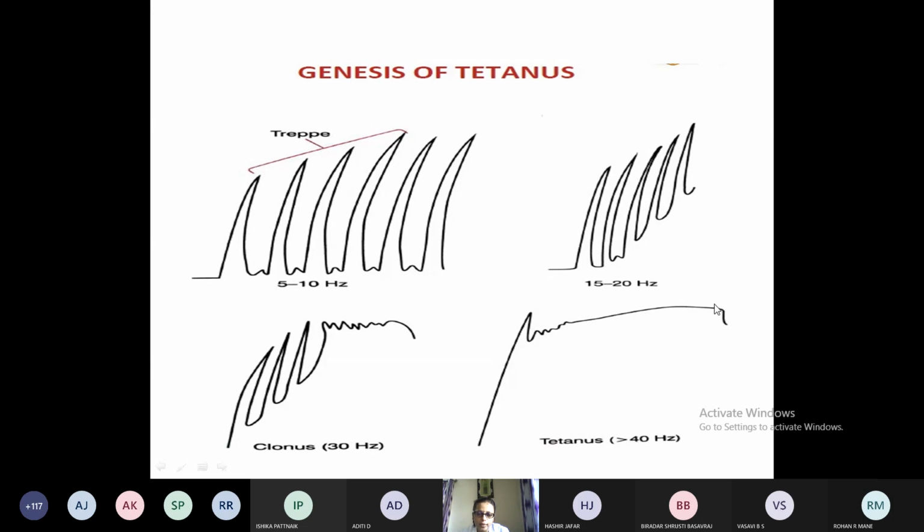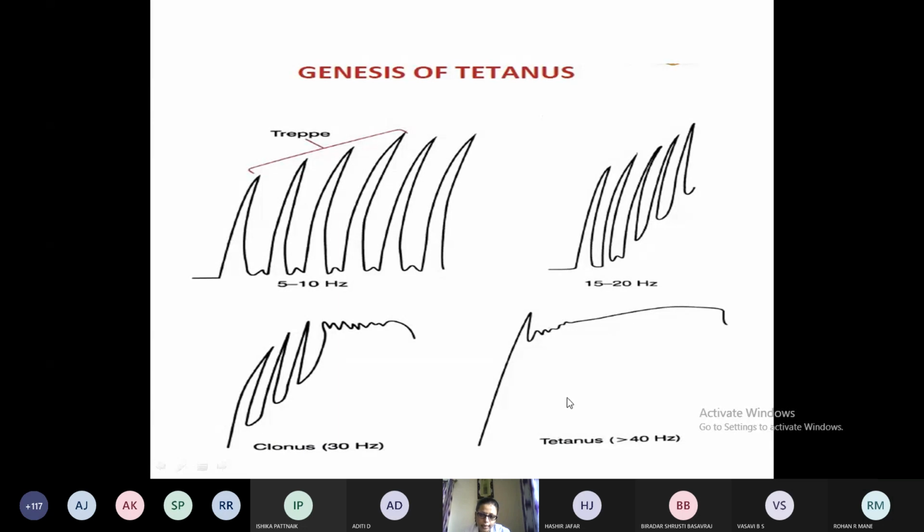This muscle contraction is called tetanus, or tetanic contraction. The condition is that we apply repeated stimuli during the contraction phase of the previous one, so the muscle always remains in a contracted state. So that is called tetanus.